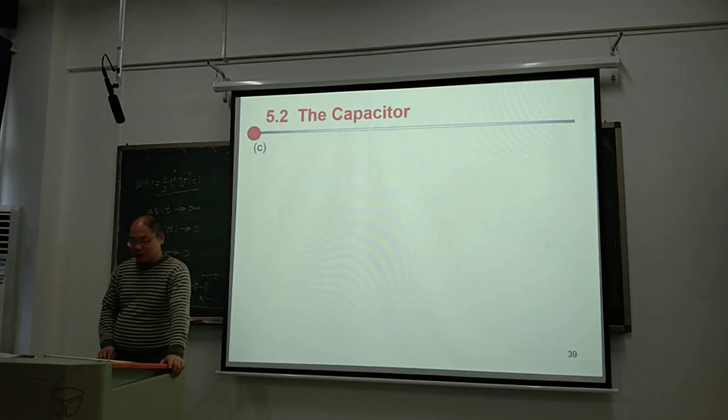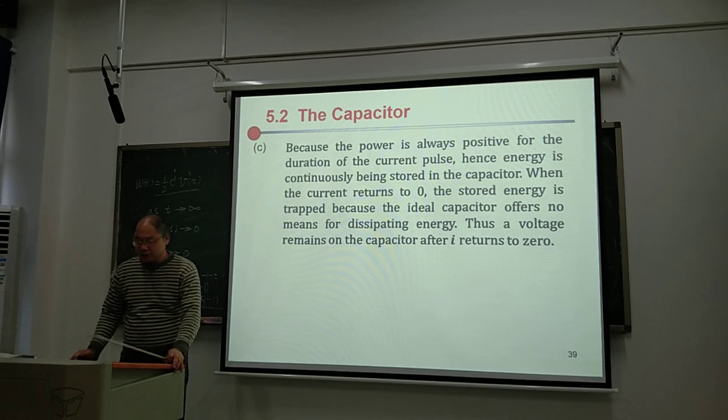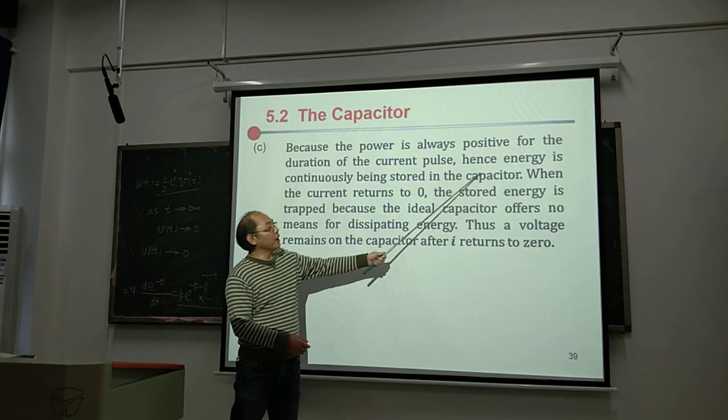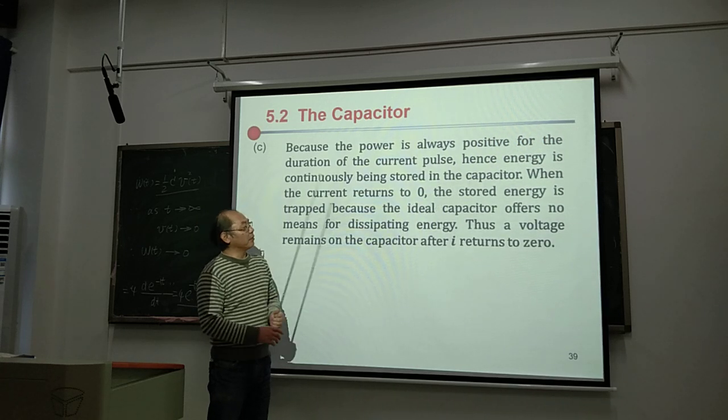Okay, this is the whole waveform. And next, C. Because the power is always positive for the duration of the current pulse, it means energy is continuously stored in the capacitor.